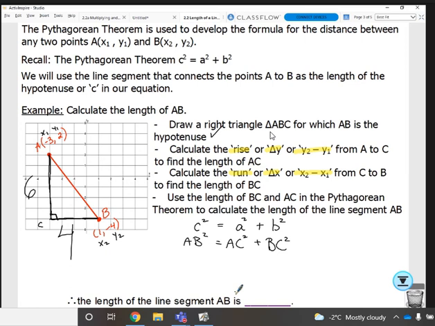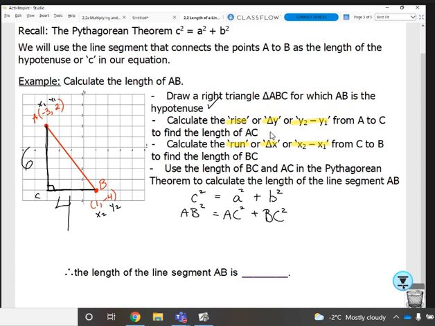So far, so good? Okay. AB squared we don't actually know. AC is 6 units long, so we can say 6 squared plus BC is 4 units long, so 4 squared.